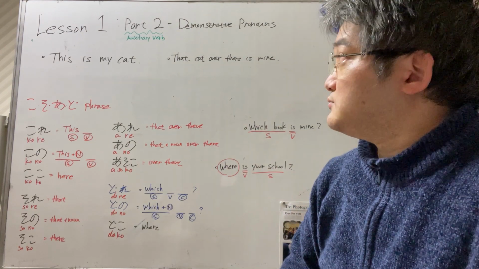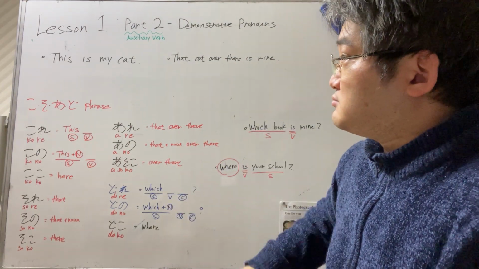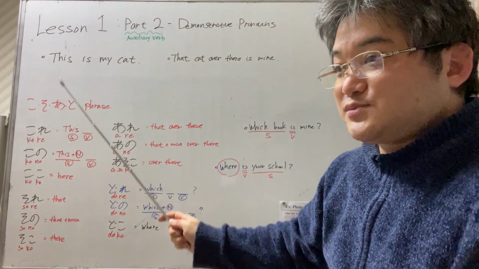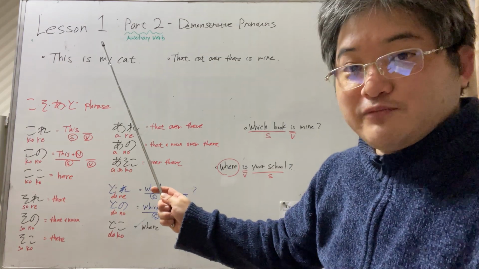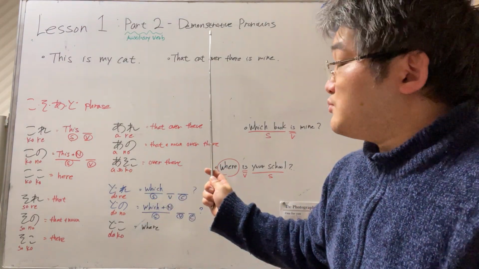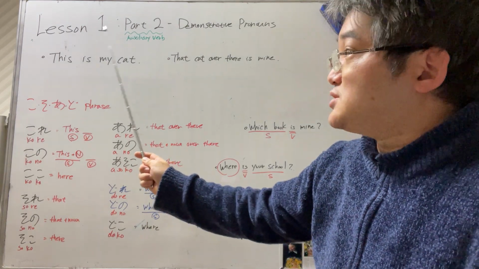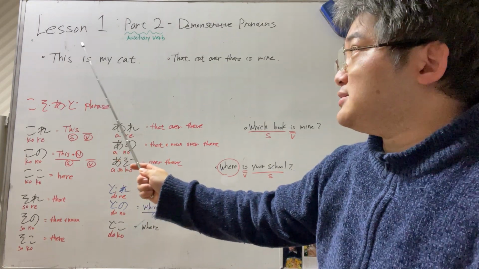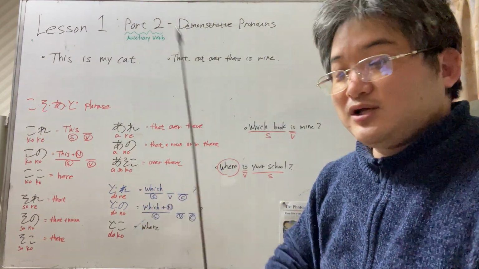Once again, I usually finish explaining those two things, the verb to be and demonstrative pronouns, within one hour, one lesson. Which is why it's called lesson one, and normally there won't be a part two. It's just included.